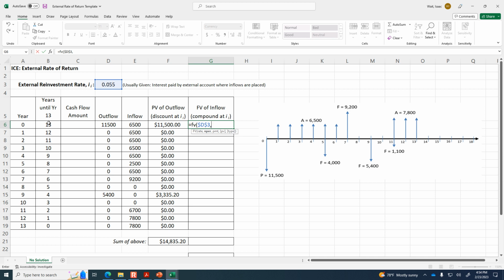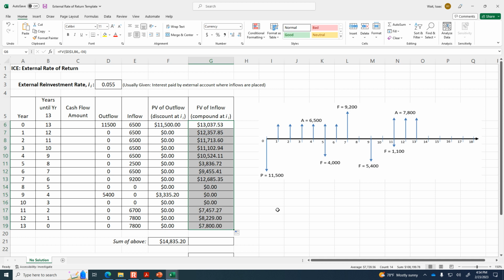For example, any amount that's far away from year 13 is going to have a higher number of compounding periods. Skip over the payment field, and then the amount that we put in minus of the inflow. Okay. We drag that formula down.